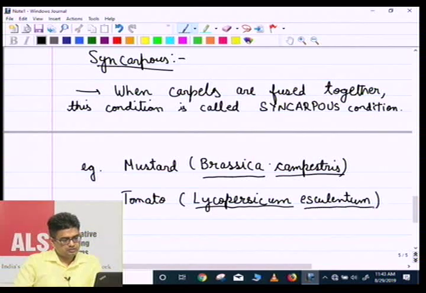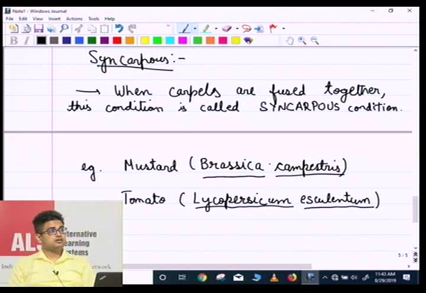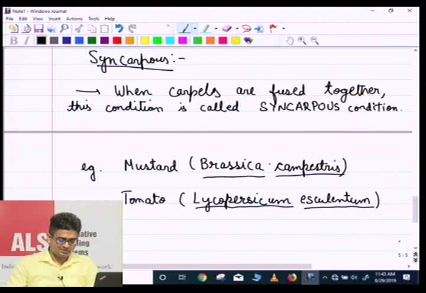Look, the botanical names are tough to remember, but as much as we practice it, it will be easy to remember. So it is tough to remember, I understand, and I can give you a separate list of how you can learn these names. But right now, as much as the names which are repetitive, please try to remember them. Don't try to forget them, okay?